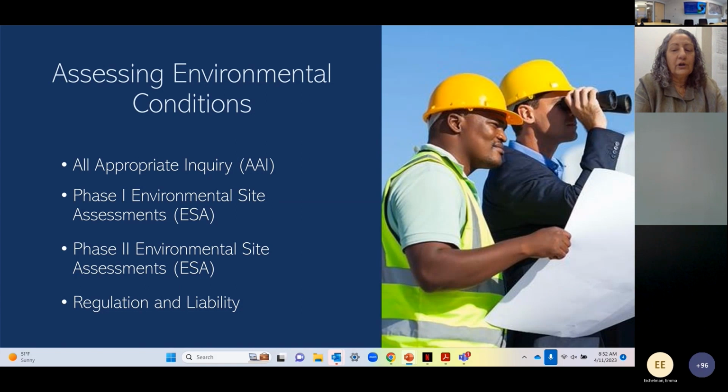But I have found over the last year of giving this presentation or one very much like it, that even people who are familiar with phase ones may not be familiar with the nuances of all appropriate inquiry, or they may not be familiar with some of the nuances around the ASTM standard for phase one site assessments. So we're going to go through this again at a 101 kind of level, but even if you're familiar with phase ones, you may learn some things here.